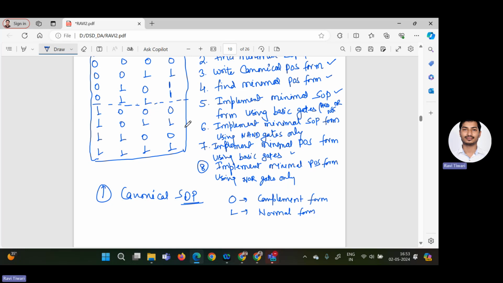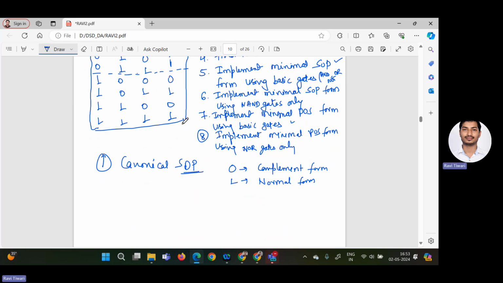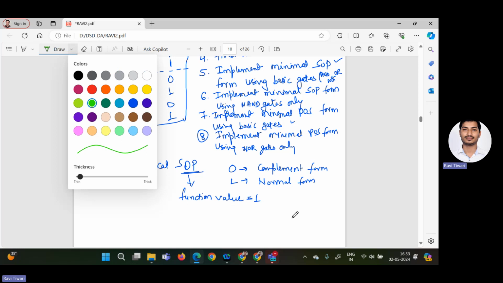Now, how to write it down? SOP is written whenever your function value is equal to 1. These three things are very important to write down the canonical SOP form.